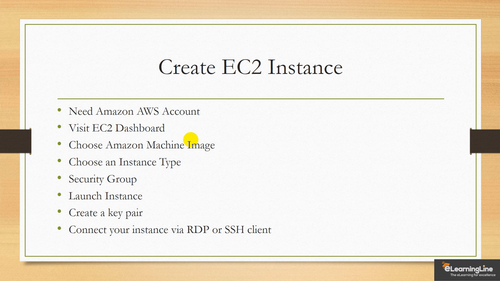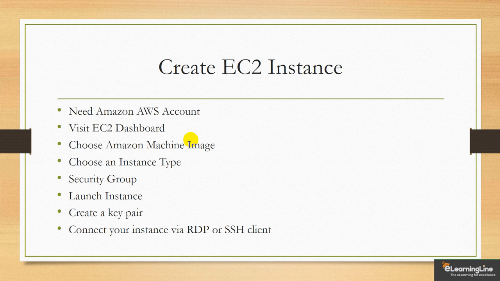Once you do that, you will pick the instance type. I will show you what the different types of instances available are as soon as we create our EC2 instance. You need to pick a security group, and then that's it. It just launches the instance. And if it is a Windows instance, you can use an RDP session.